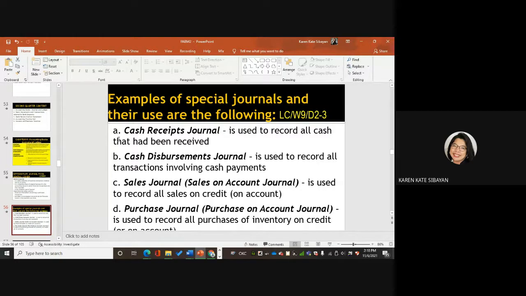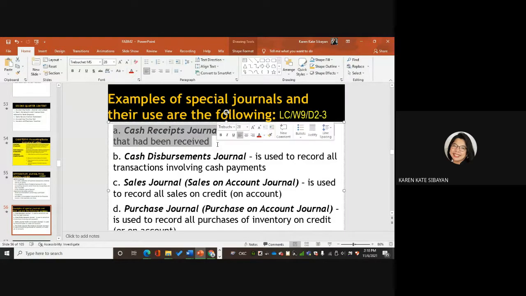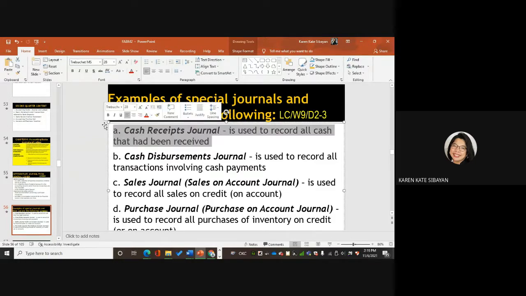So, cash receipts journal is used to record all cash that had been received. Okay? So, usually, kung may business ka, sole proprietorship business, napakahalaga nitong cash receipts journal at saka itong cash disbursement journal. Okay? So, dito, lahat ng transaction mo na pumasok sa'yo, dito mo siya i-record, including the proof.